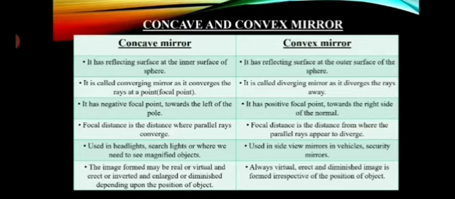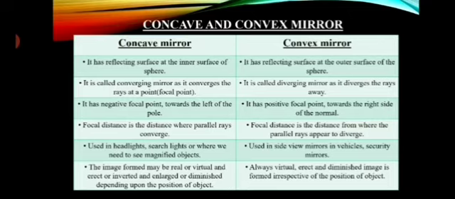The concept of lenses and mirrors is the same, whereas the diverging mirror, that is the convex mirror, diverges the rays after they get reflected from the surface. The concave mirror has a negative focal point towards the left of the pole.